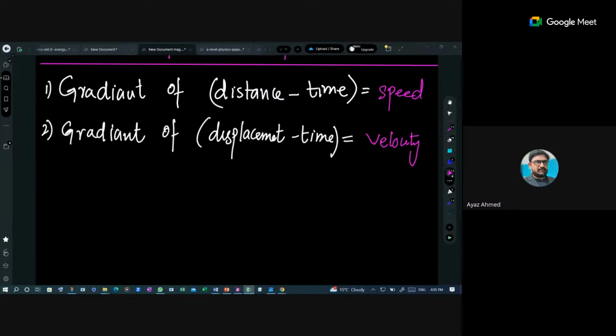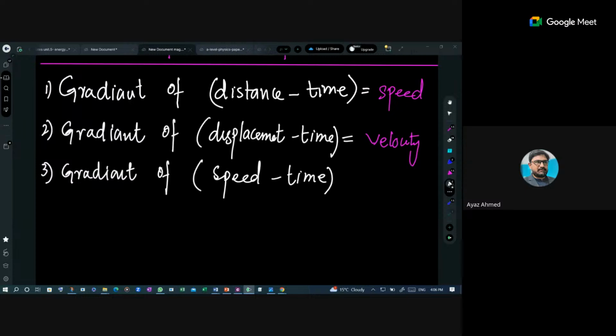Velocity. Very good. Then third, you should know that the gradient of a speed time graph and the gradient of a velocity time graph both give you acceleration.